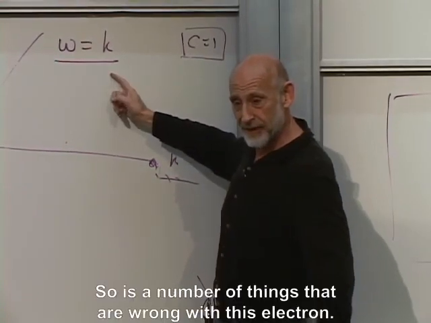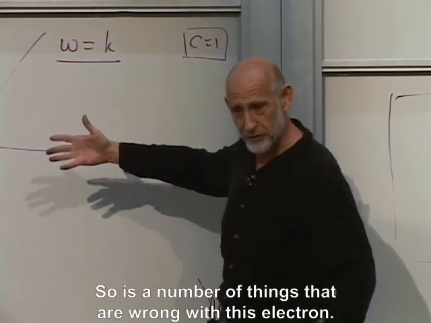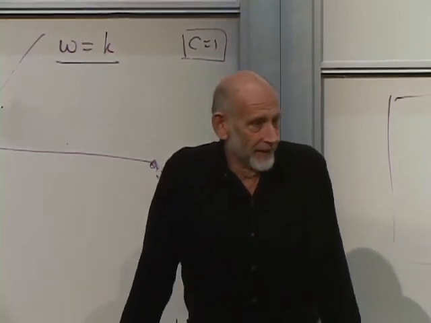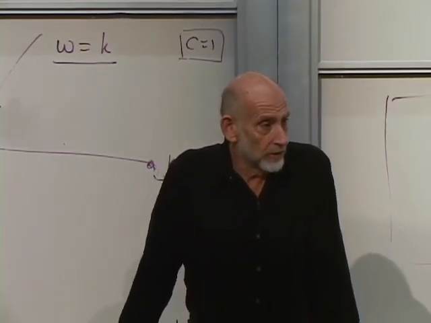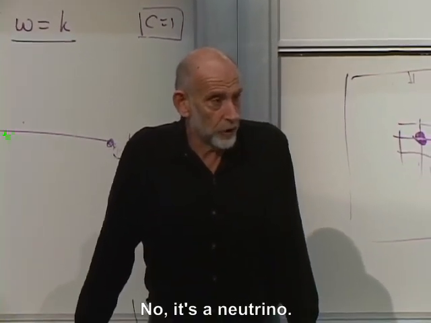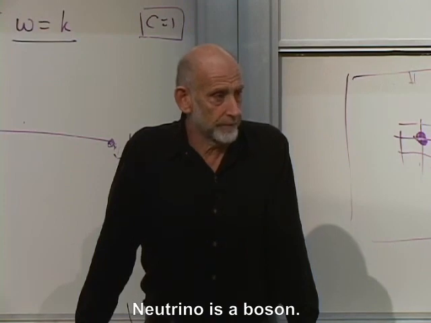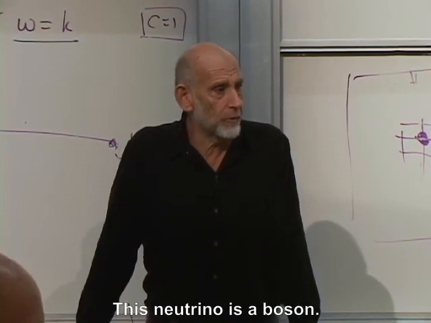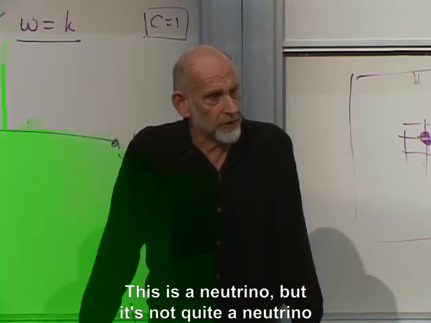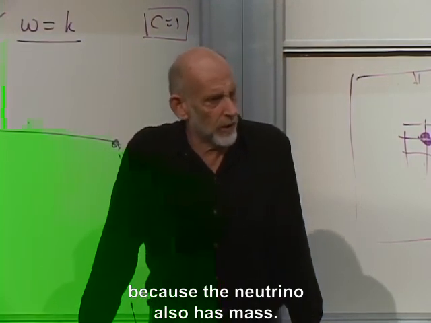That's crazy. So there are a number of things that are wrong with this electron. No, it's a neutrino. A neutrino is a fermion. This is a neutrino. But it's not quite a neutrino because a neutrino also has mass.